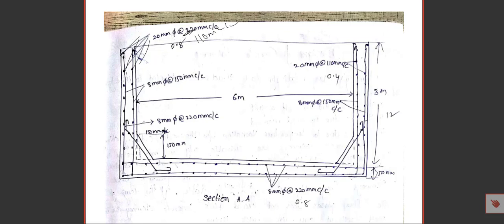Next, this one is a distribution reinforcement, not main reinforcement. For distribution reinforcement I assumed 8 mm at the rate of 150 mm center to center.